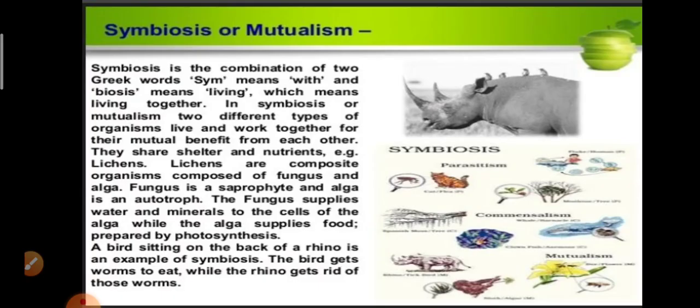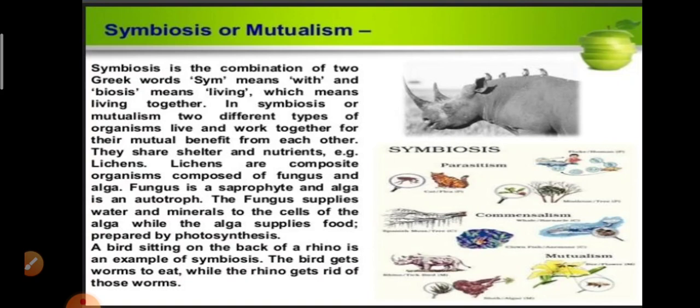Then symbiosis or mutualism. Symbiosis is the combination of two Greek words. Sym means with and biosis means living, which means living together. In symbiosis or mutualism, two different types of organisms live and work together for their mutual benefit. They share shelter and nutrients.